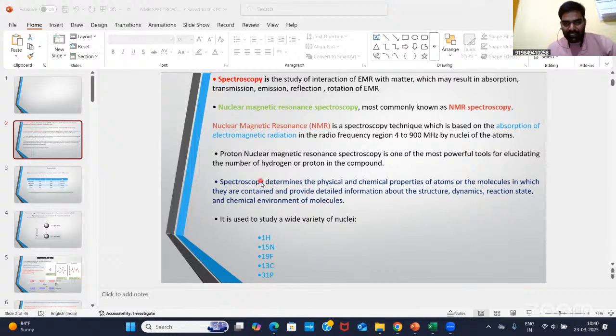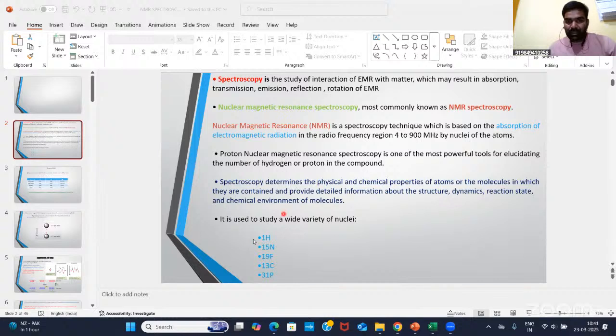So, we can find the chemical environment of the molecule, the structure of the molecule, the dynamics, and the reaction state using this spectroscopy technique.